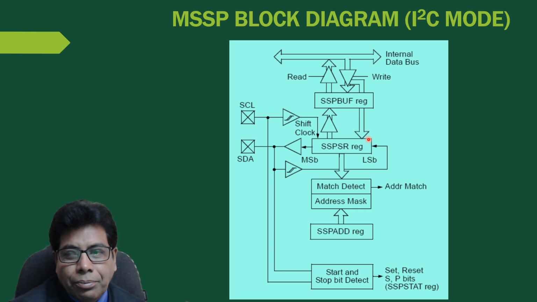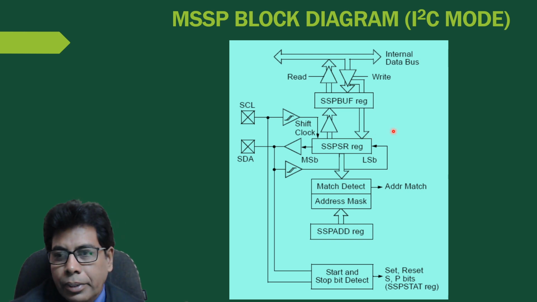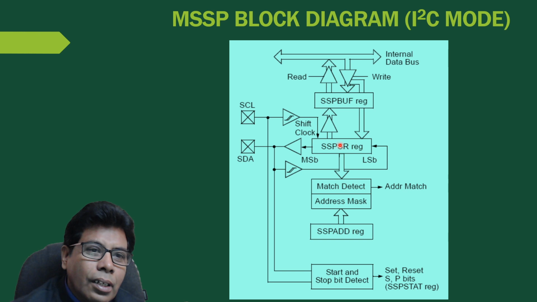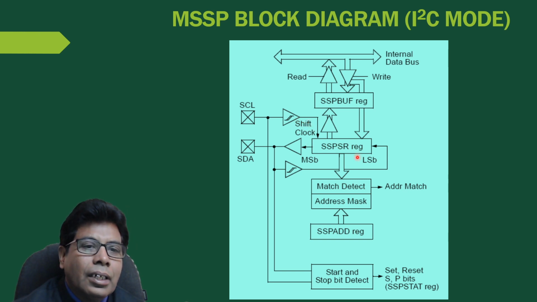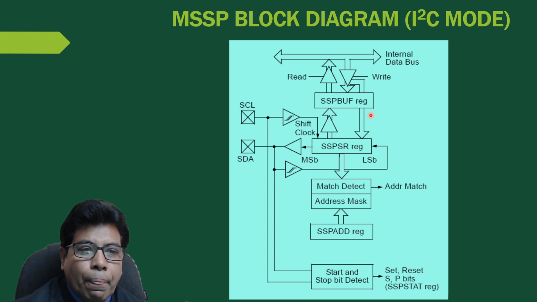During transmission, SSPBUF is not double buffered, it will be a single buffer. So here there is a shift clock for shifting, and these two will be for write and read, buffering data.